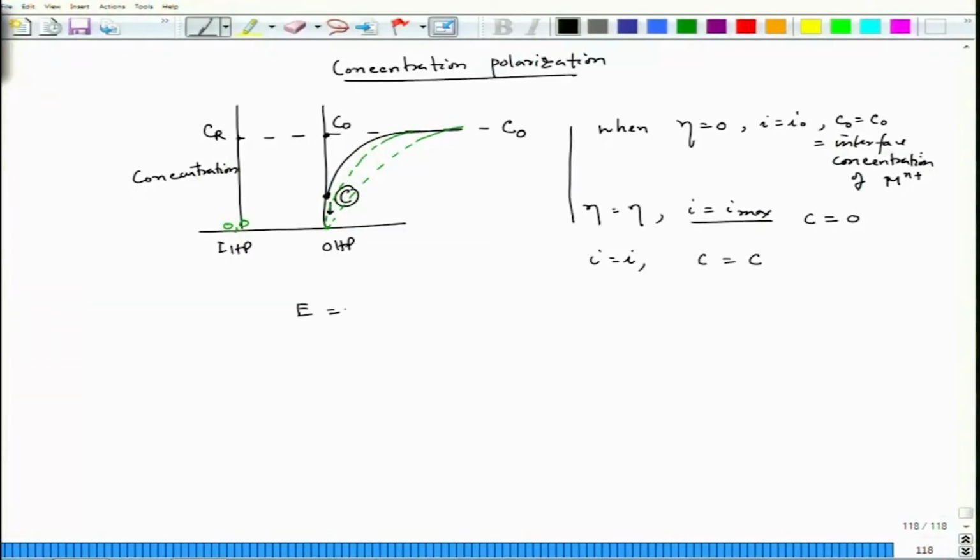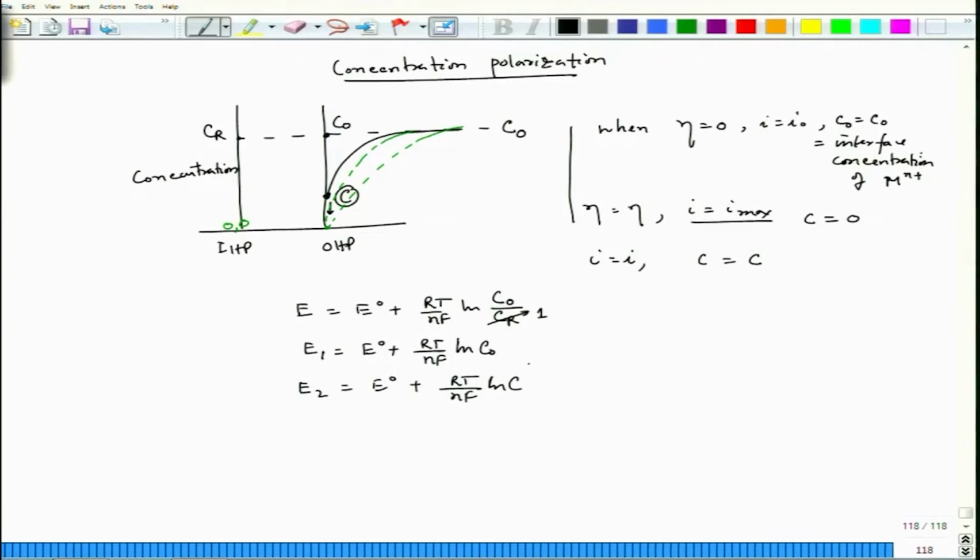So, E equals E 0 plus RT by nF ln concentration of O divided by concentration of R. Now, if I consider the concentration of R, or in terms of activity, to be 1, then it is only dependent on ln C 0, and at that time I consider the potential to be E 1, and E 2 would be E 0 plus RT by nF ln C, when the concentration is C.